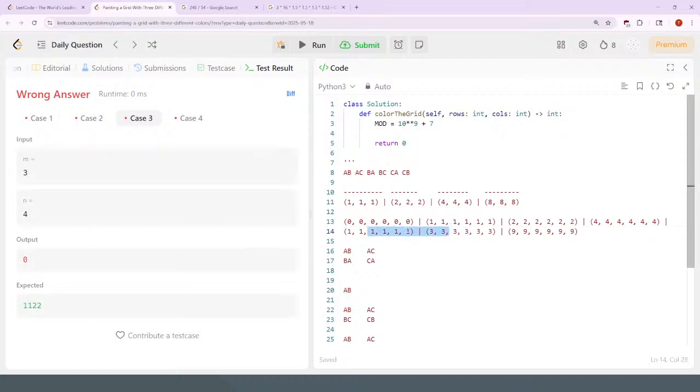So they're all 3. So the number of ways you can get this thing to be an A is BA or CA. There's 6. 6 ways for this to be an A.